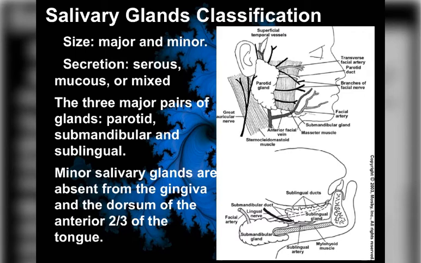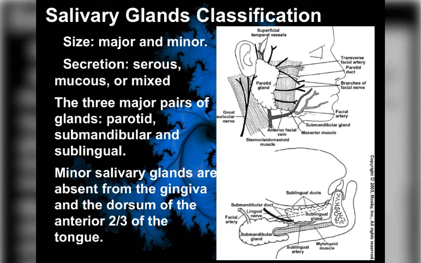An example of completely mucous glands is only minor salivary glands. We don't have major salivary glands that are completely mucous. The minor salivary glands in the posterior region of the oral cavity are completely mucus. In the anterior region of the oral cavity, they are mixed but mainly mucus.